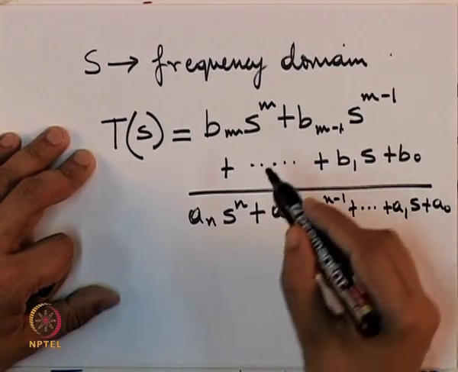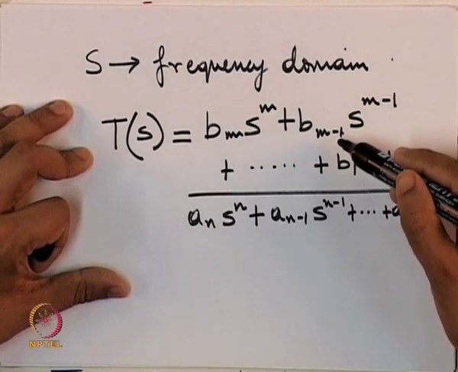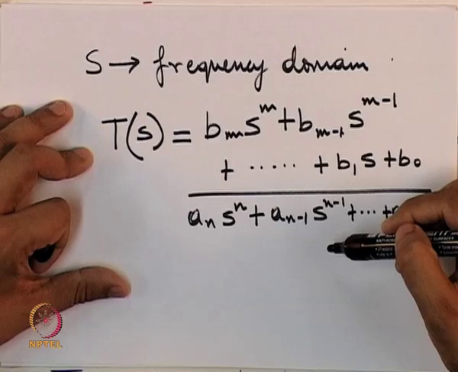A rational function is basically a function which involves a numerator and a denominator.